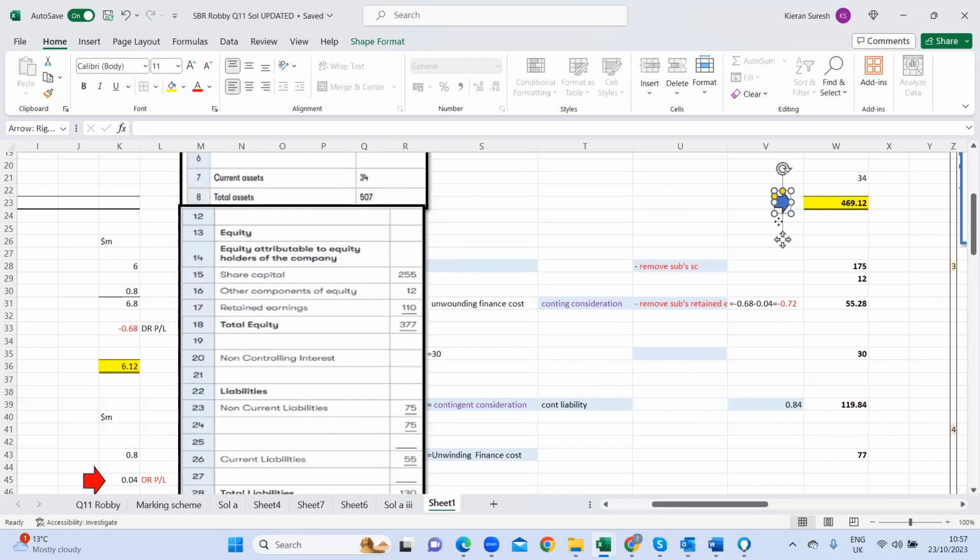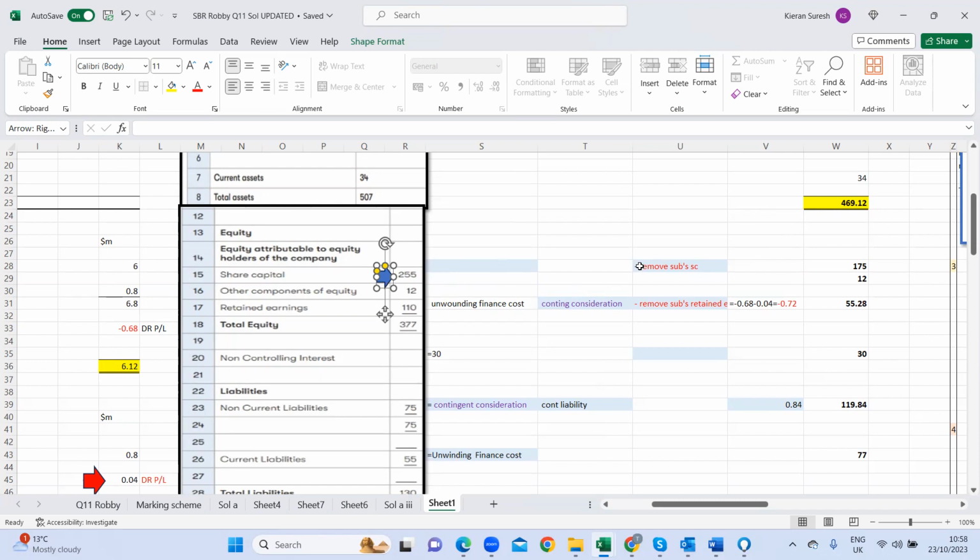One of the easiest things is the share capital. This share capital of 255 has parent share capital and subsidiary share capital added together. And we know that consolidated financial statements are prepared by the parent for the parent's shareholders. It is nothing to do with the subsidiary.